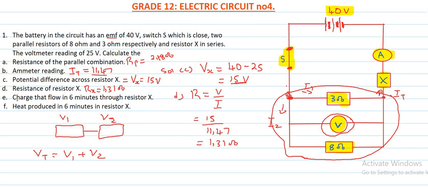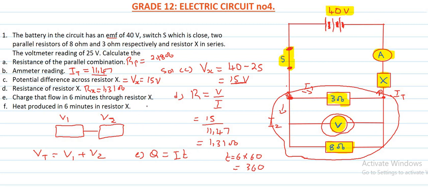Next question, number E. Calculate the charge that flows in 6 minutes through resistor X. We know that the equation for charge is Q is given by IT. The time they said is 6 minutes. We must calculate the charge in seconds, meaning T will be equal to 6 multiplied by 60, which is 360.